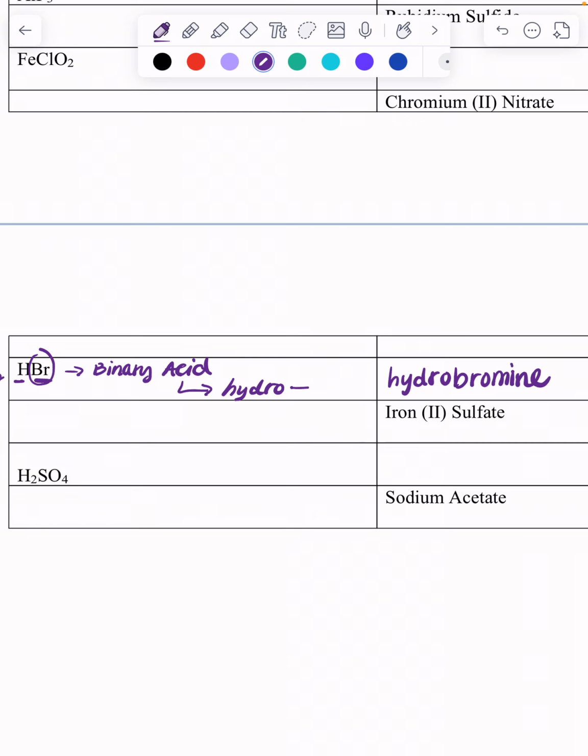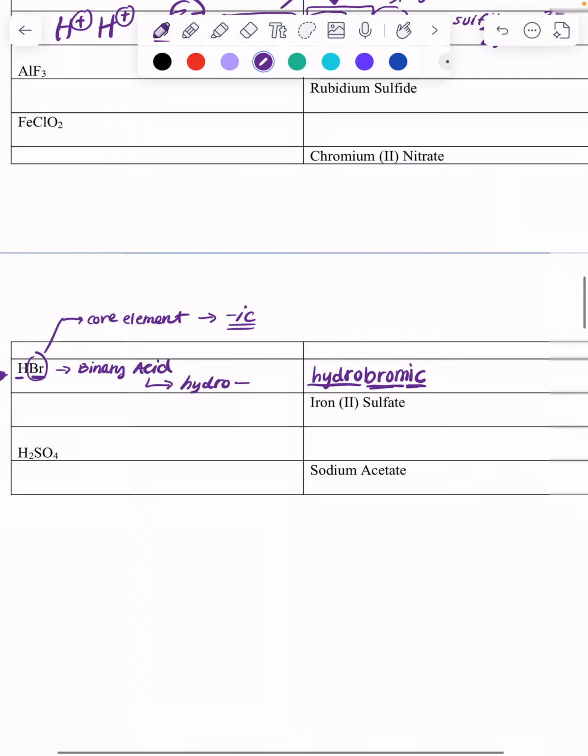However, when we do this core element naming, whatever element it is, you give it the suffix ic. So instead of hydrobromine, it will be hydrobromic. Three different parts, and then you just stick acid on the end of it.